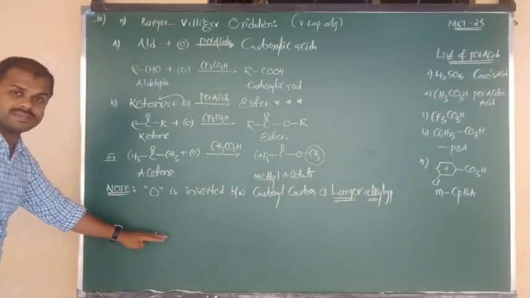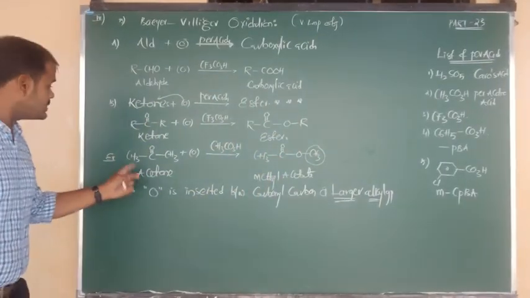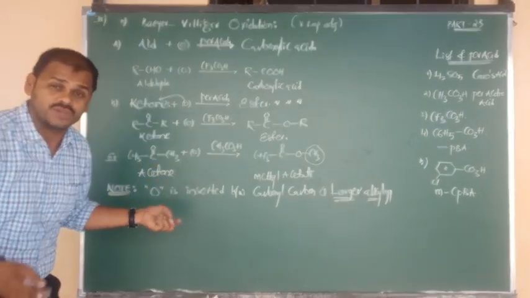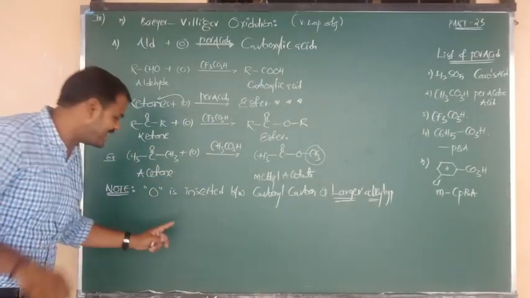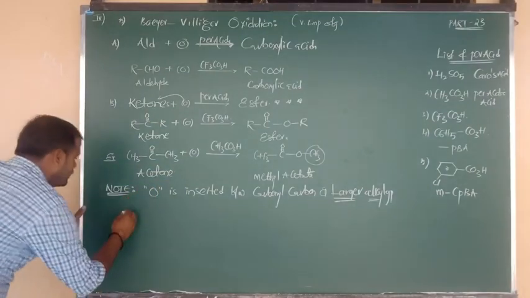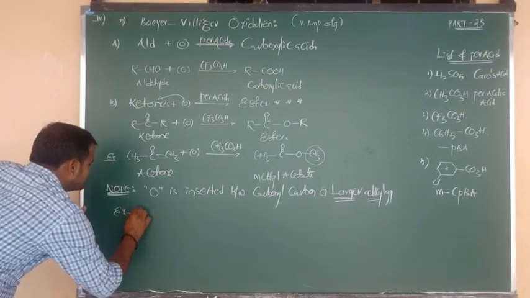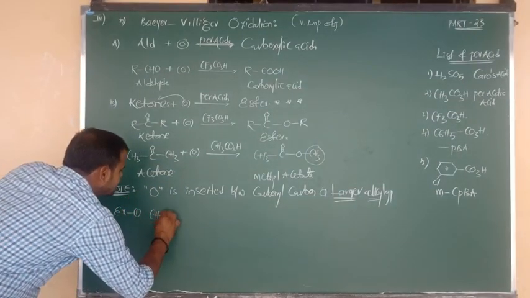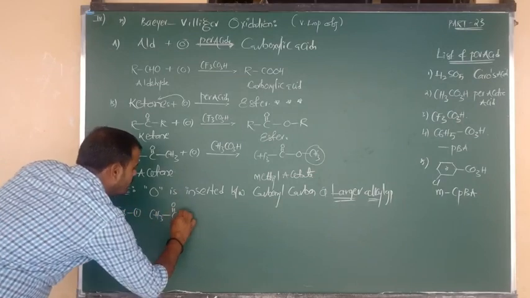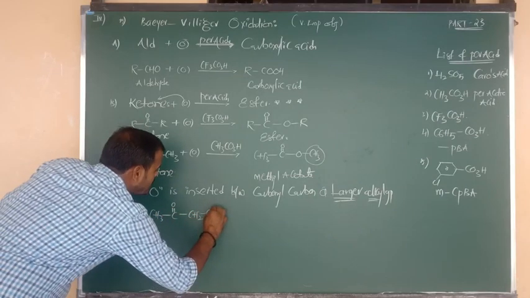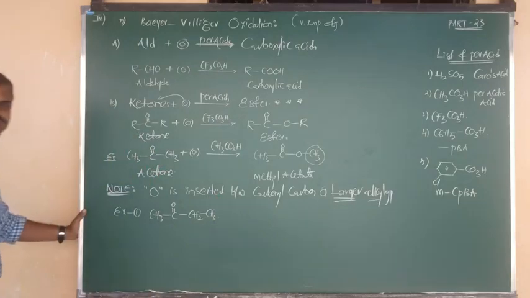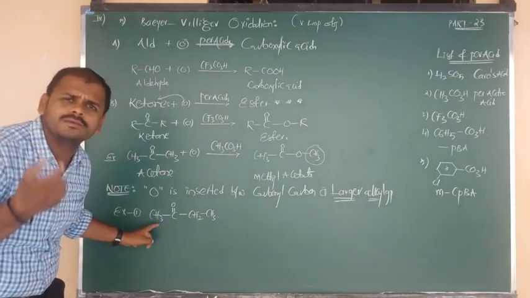Now I am going to show you one example. Here in the first example, CH3 and CH3 are the same, neither is larger. But now I will show you another example. CH3 bonded to C double bond O, again bonded to CH2, again bonded to CH3. One side is a methyl group, a simple group.